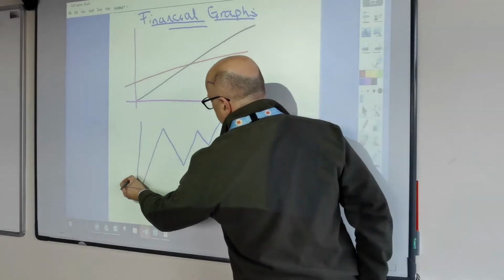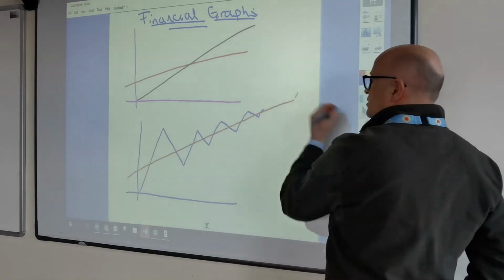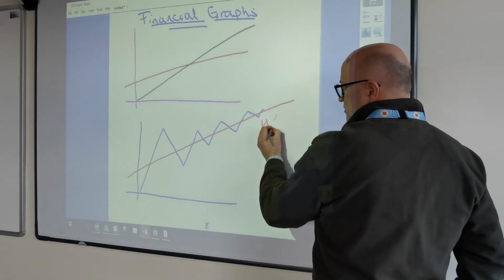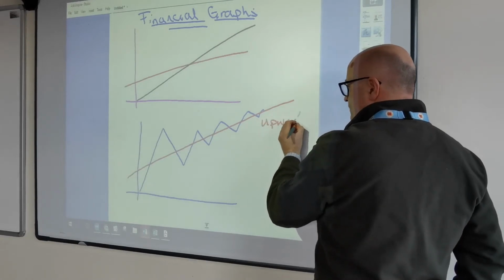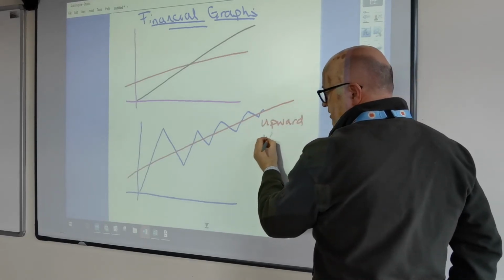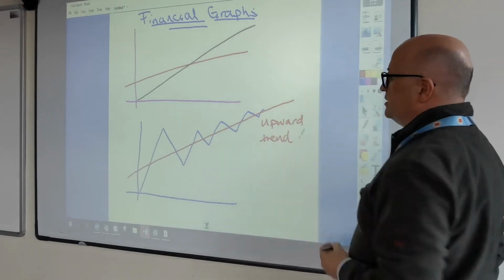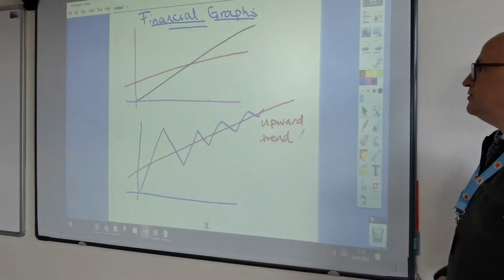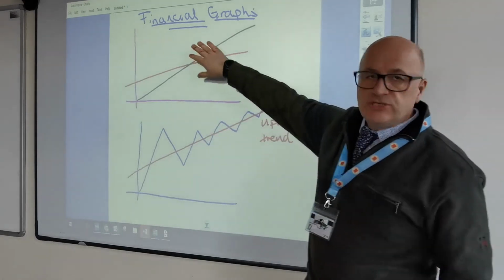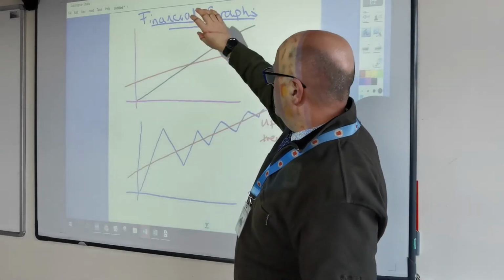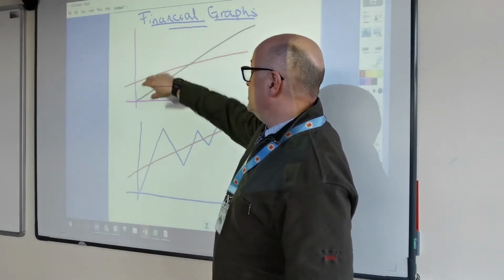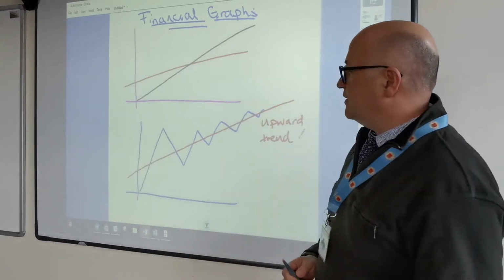So you could say that even though they've got their ups and downs, there is an upward trend. And that's one of the things that they ask about quite a bit in these types of questions. So there'll be questions where you've got to just look and see, okay, what's this graph telling me?